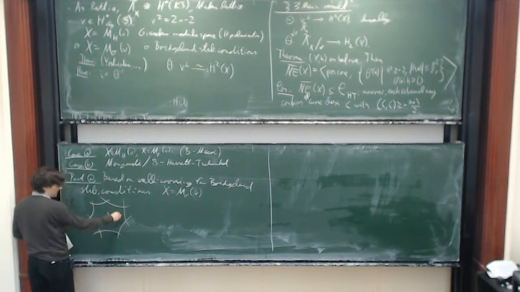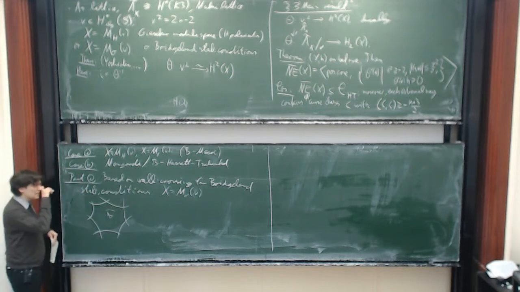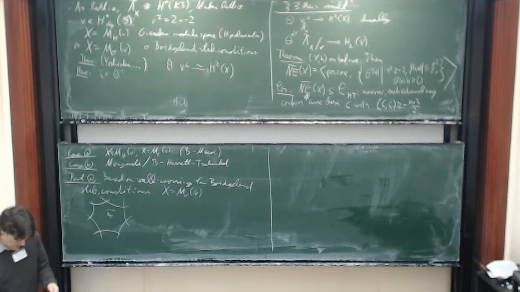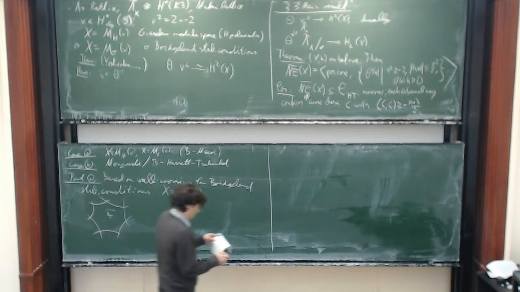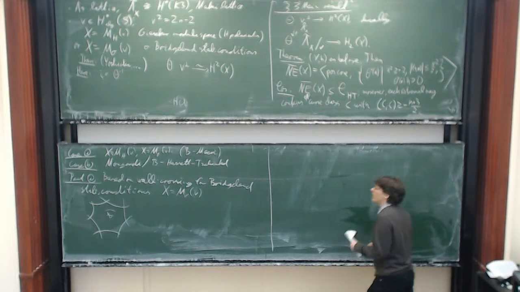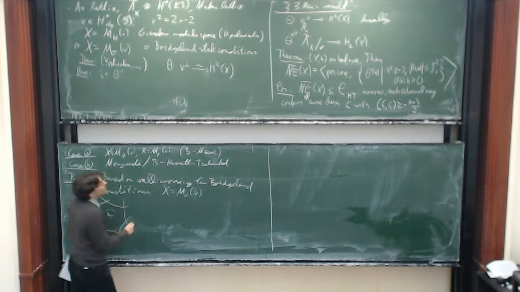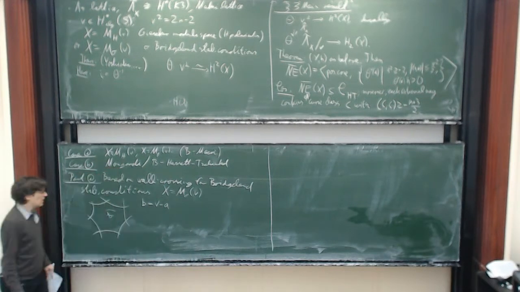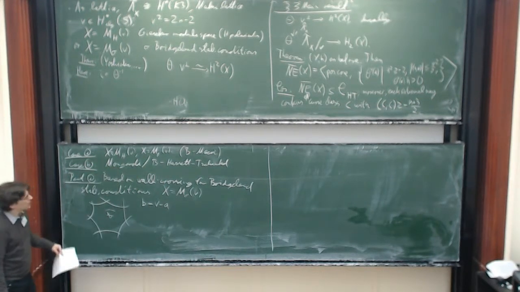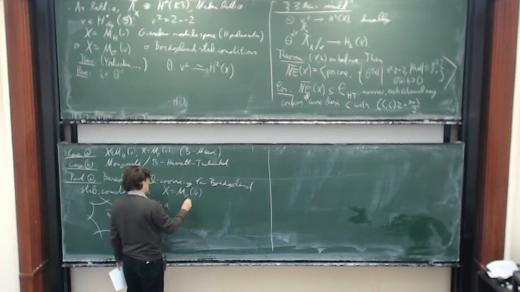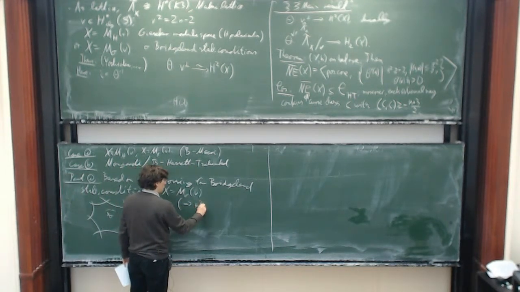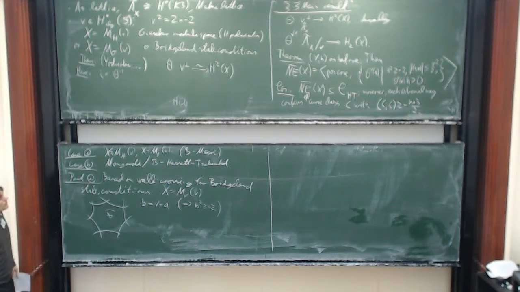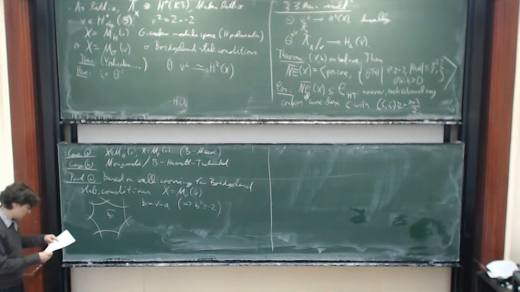So sigma is contained in a chamber, so when sigma varies within here, the moduli space doesn't change. And then at the walls, we get some strictly semi-stable objects, and the moduli space changes. And so let me set B equal to V minus A. These conditions are actually symmetric with respect to A and B, so in particular B squared is also at least minus 2.